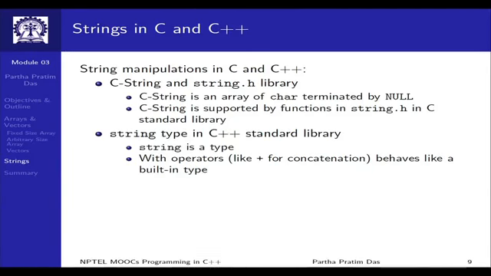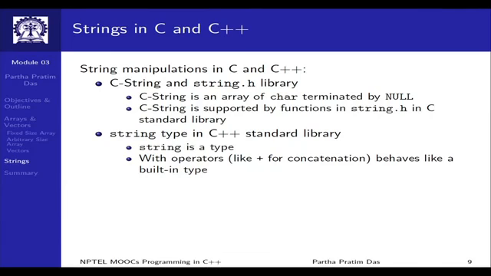And if we are working in C, we have what is now called a C string. C does not have a default type as string, but it has a string.h standard library header, which provides a whole lot of string functions like strlen, strcpy, strcat and so on.